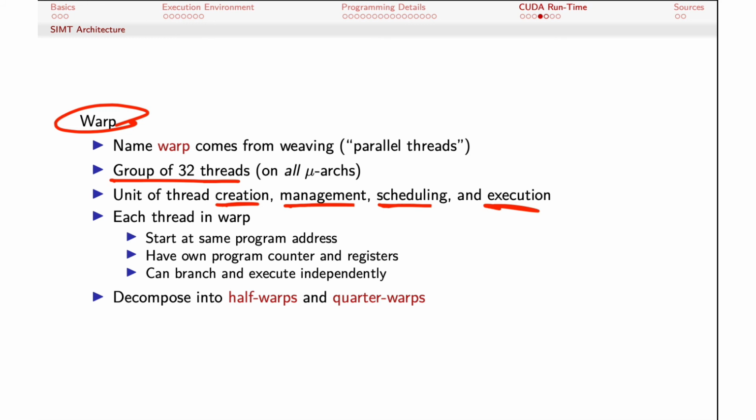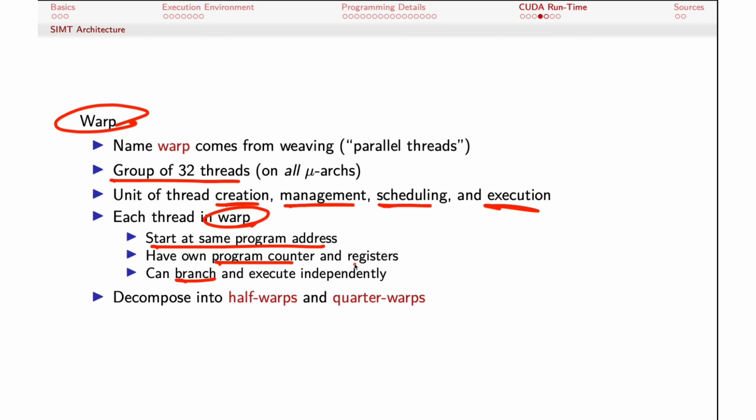And those 32 threads are what make up this notion of a warp. So when that kernel gets started, it's going to basically be running 32 simultaneous processors executing the same instruction, the very first instruction that was in the kernel code. So we start at the same location, and then as the kernel code executes on the different processors, they could branch, they could execute different portions of the kernel code. That's fine.